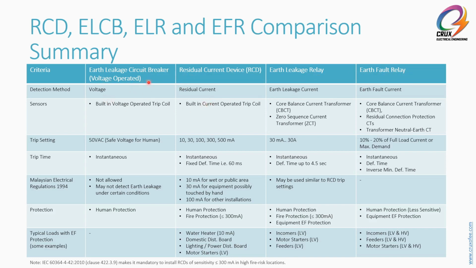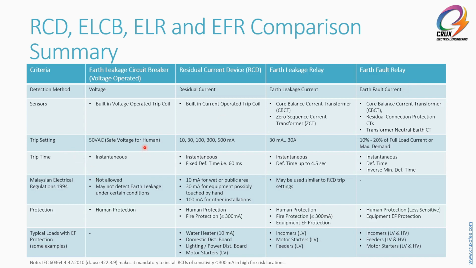So ELCB is voltage detection, the rest are all current detection. Residual current is small, milliamps; earth leakage current is from milliamps up to large currents, 30 amps; and earth fault relay is up to 1000s of amps. In low voltage, maybe kiloamps.